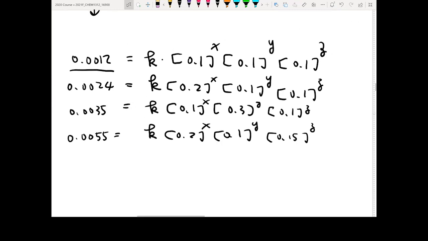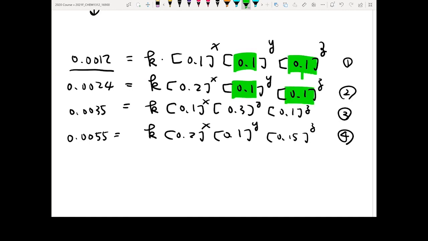Then you want to use these equations to solve for x, y, and z. Let's say this is equation number 1, equation number 2, equation number 3, equation number 4. If x is the thing I want to solve, you keep the concentrations of species y and z the same. For example, here you can see that the concentration of y is the same, and the concentration of z is the same for equations 1 and 2.